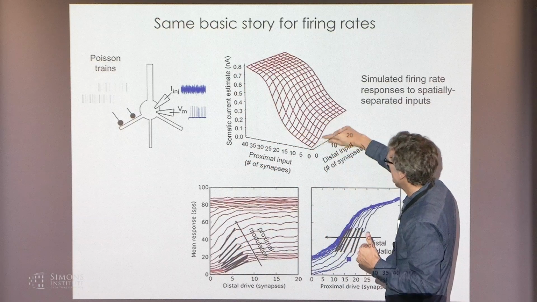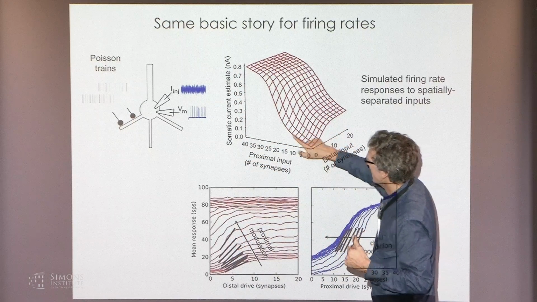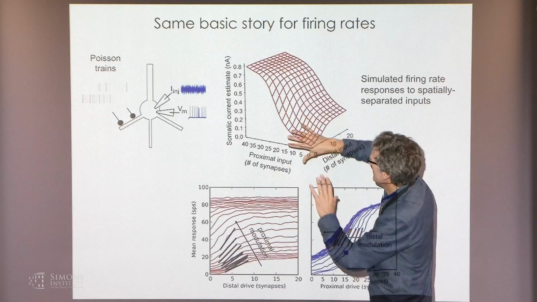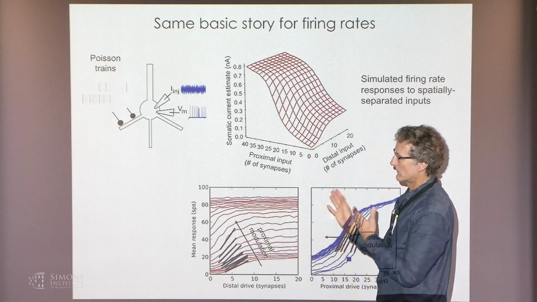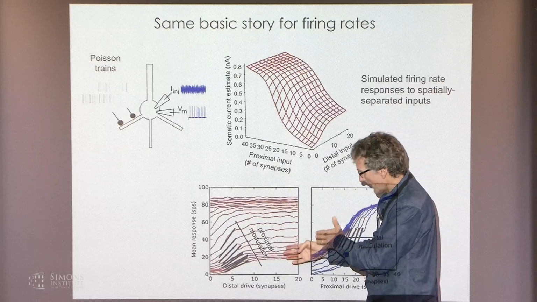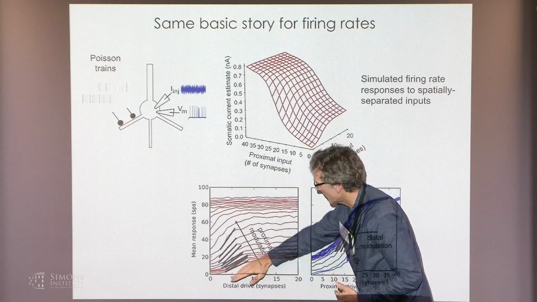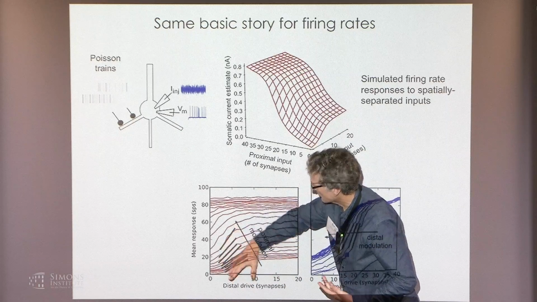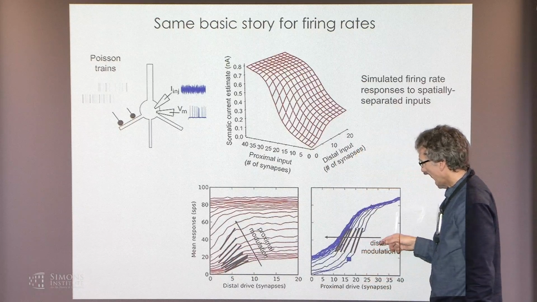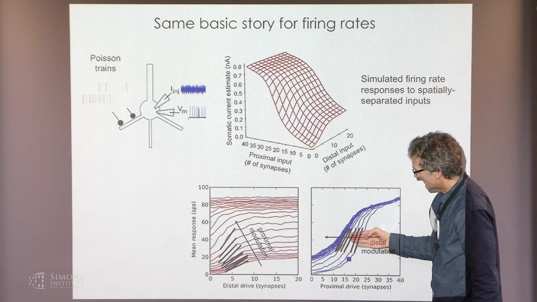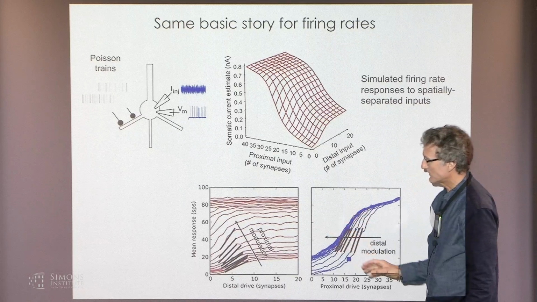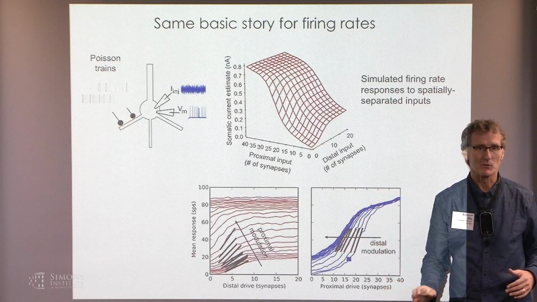But again, you have a little sigmoid caused by the distal input, a big sigmoid caused by the proximal input, and this kind of smushy asymmetric sigmoidal thing in between. And as before, the effect of the proximal modulator is to left shift the threshold and increase the excursion, and the effect of a distal modulator is to left shift the threshold with no increase in the excursion, and that's the same asymmetry that we saw before.